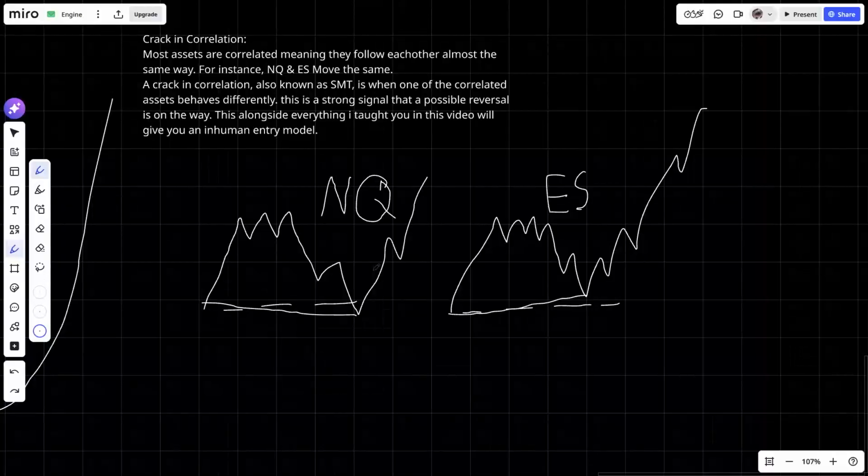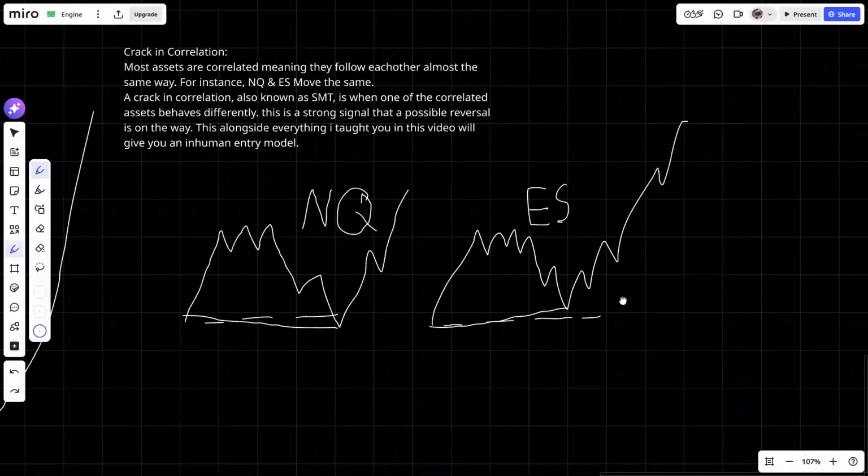Now, a common question that I get is, Androgen, when there is an SMT, which one of the pairs do we trade? The one that swept liquidity or the one that did not sweep? My answer is the one that did not reach the level that the other one did. For instance, in this case, the S&P 500 did not sweep. That means it's way stronger, right? Because it wasn't weak enough to go all the way down to that low.